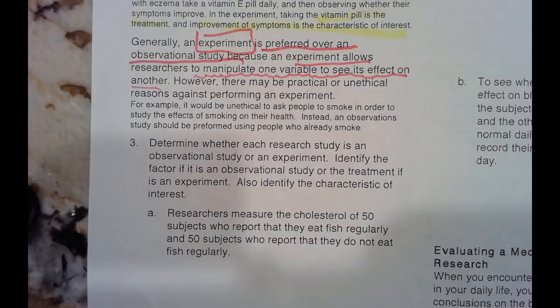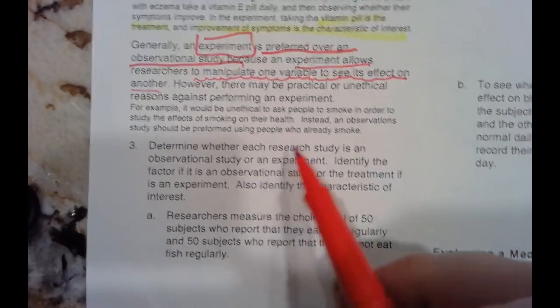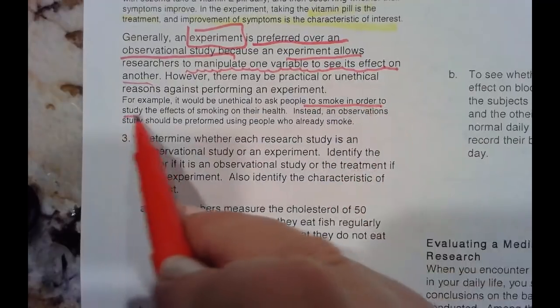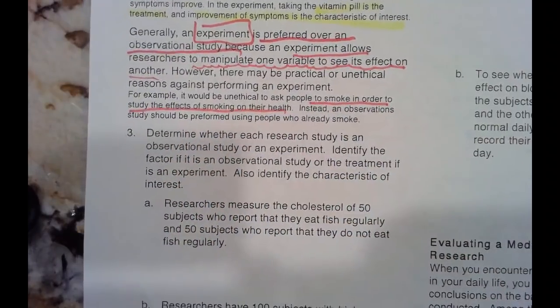Of course, there are some unethical reasons against performing an experiment. For example, it would be unethical to ask people to smoke in order to study the effects of smoking on their health.